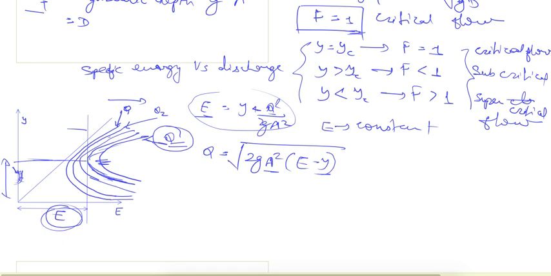So if I want to find out the maximum discharge for this constant specific energy, for that dQ by dy should be equal to 0.